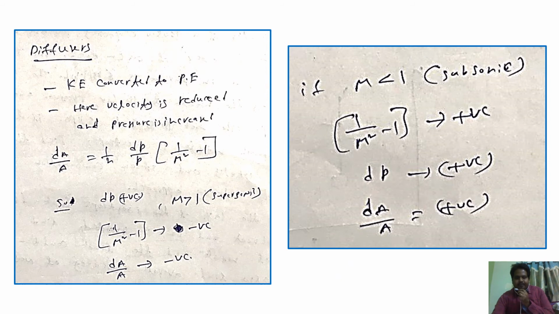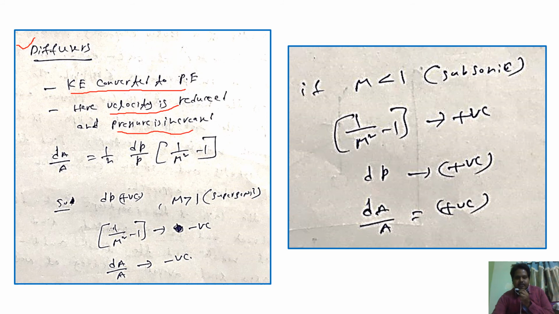Now let us see the relation between cross-section area and velocity of the diffusers. Okay, as we know the function of the diffuser is to convert kinetic energy into potential energy, which means here the velocity of the fluid is reduced and the pressure of the fluid increases.